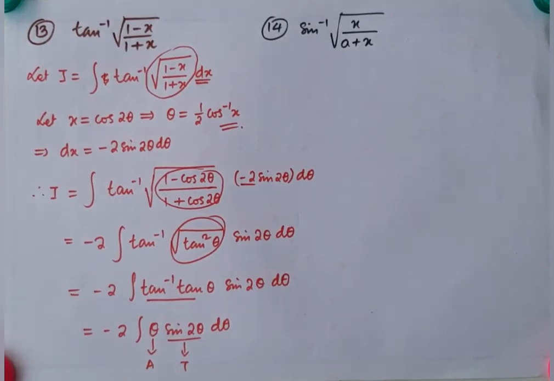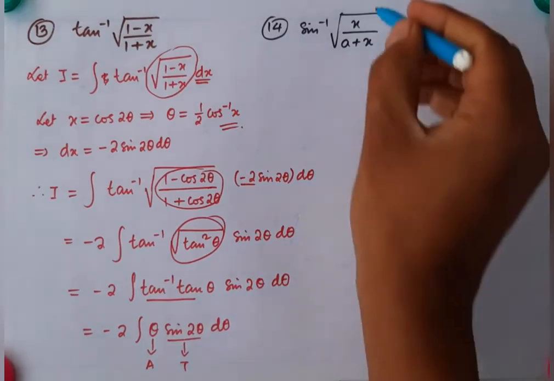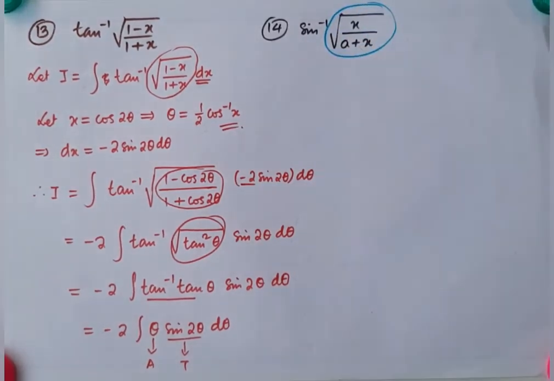Okay, so this is my problem here. Now here you need to choose x in such a way that this entire thing becomes sine inverse sine theta.